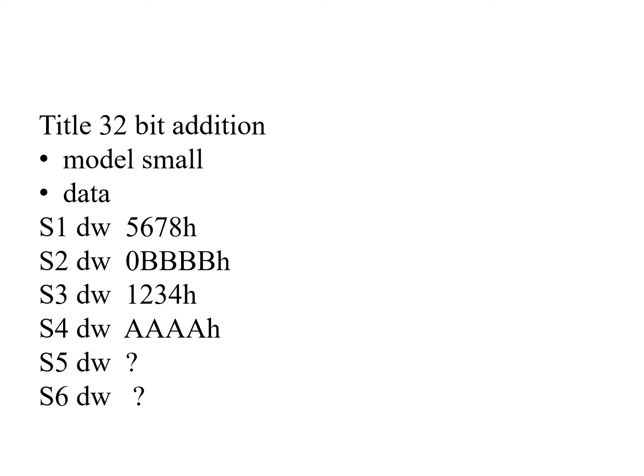Actually this BBBB is a 16-bit data, but the machine will not understand it is 16-bit data. So in order to mention that it is 16-bit data, not an instruction, we have to mention 0 before the BBBB, and then DW.